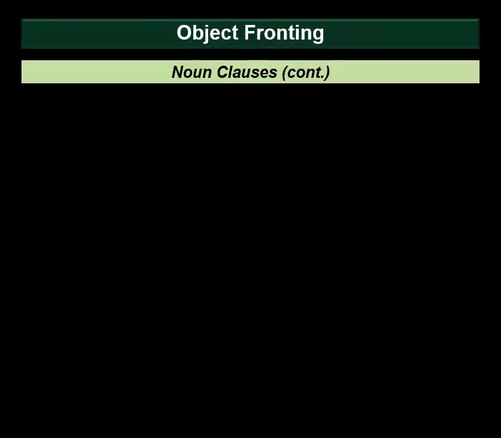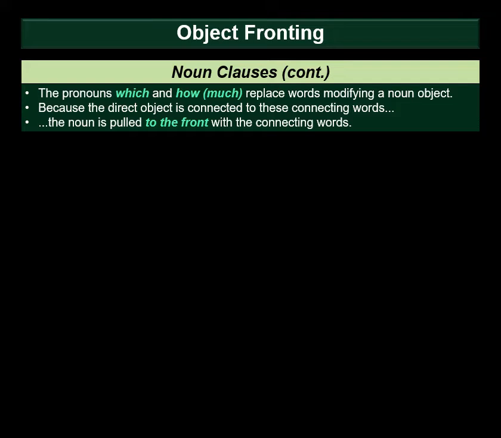Continuing with noun clauses, the pronouns which and how, like how much or how many, replace words modifying a noun object, like adjectives. Because the direct object is connected to these connecting words, the noun is also pulled to the front with these connecting words.